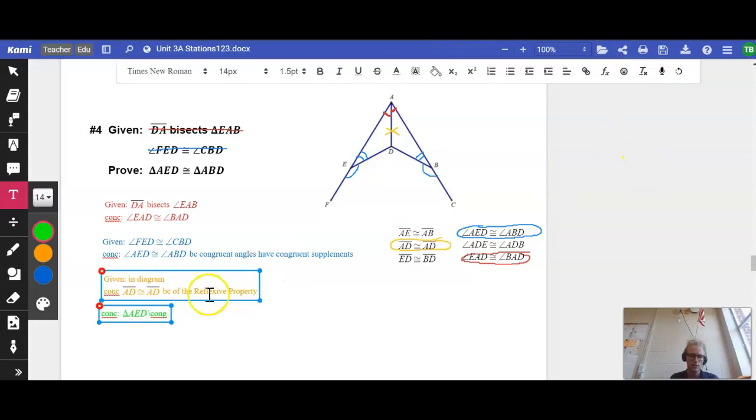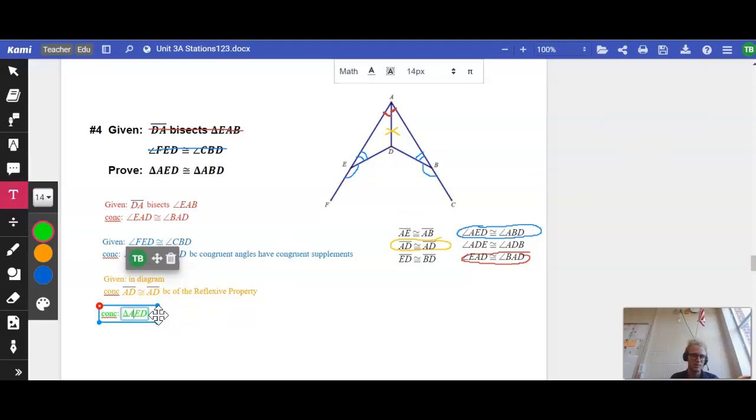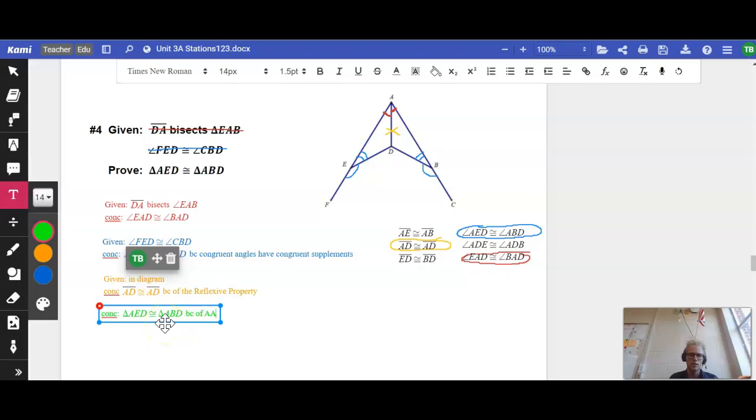Giving you extra time to think about it. Because of angle, angle, side. We have two angles and then a side that are not between those two angles. So there you have it.